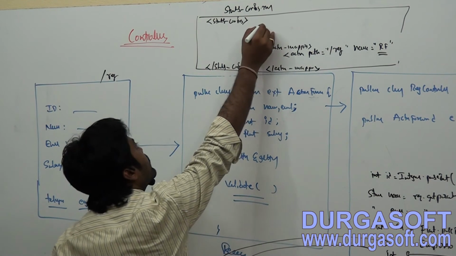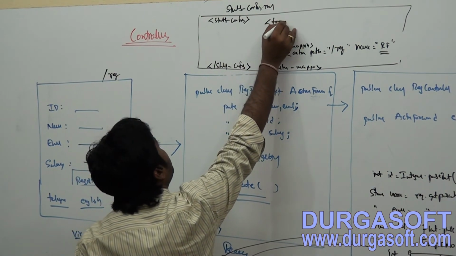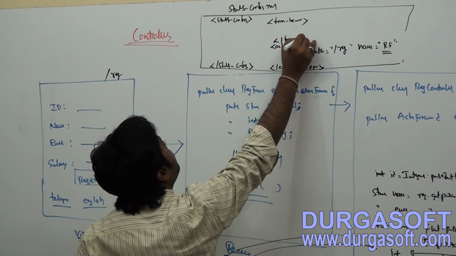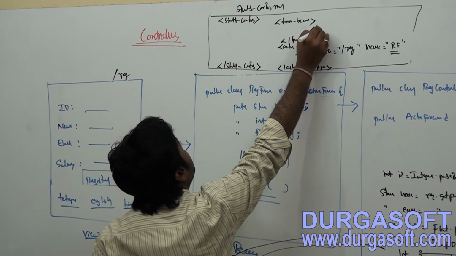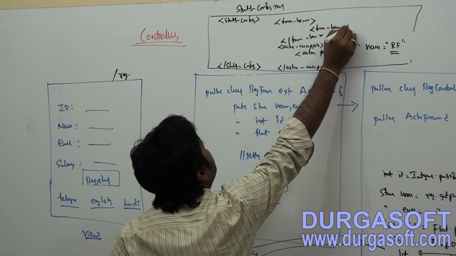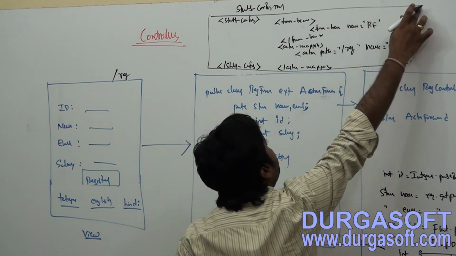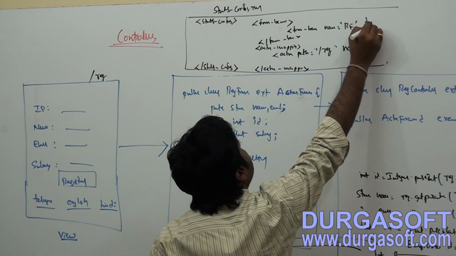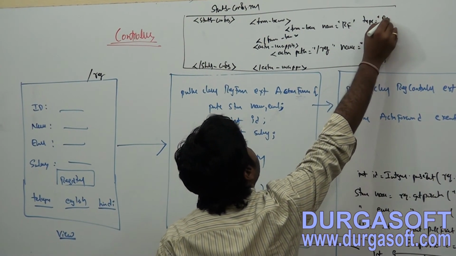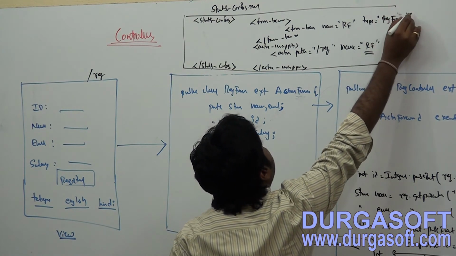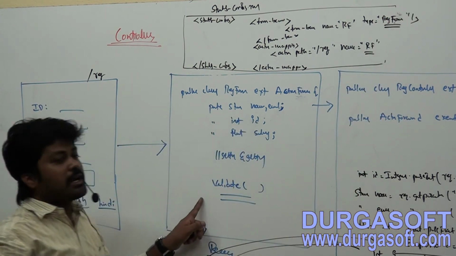Then this reference we should create here using form beans. In between form beans, form bean reference name rf and our class name registration form. Just you have to create this bean class reference.